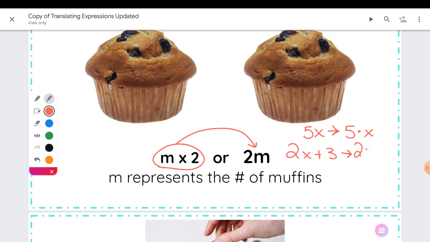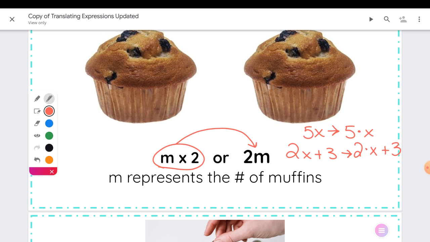That's saying 2 times whatever x is plus 3. Again, we can't do anything with that unless they made it into an equation where we could solve it, or if they told us the value of x. If they said x equals 7, then we could substitute 7 in for x and do an order of operation problem to solve it. Okay.